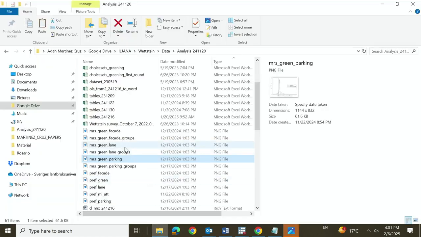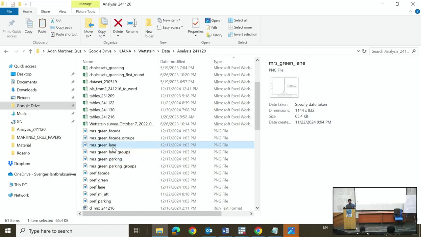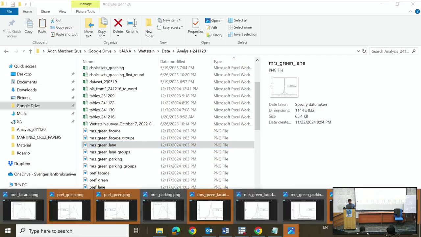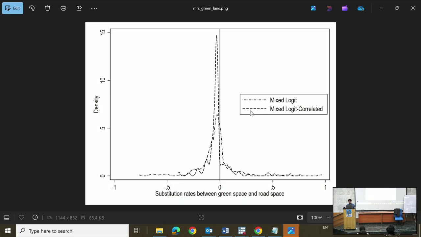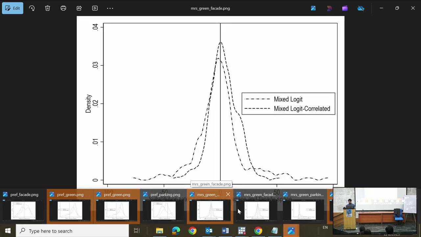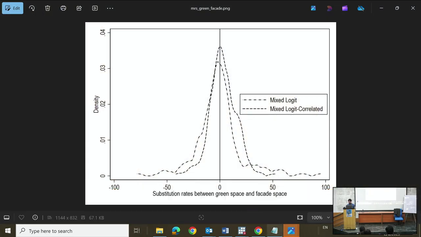Okay, let me just show you one more line. Something I wanted to show you. Facade. There is less obvious.